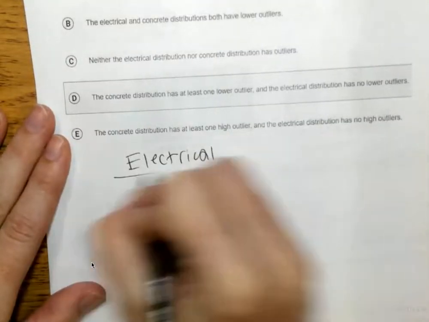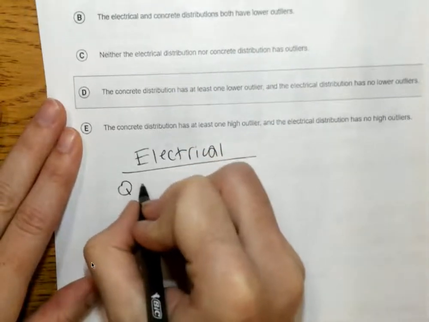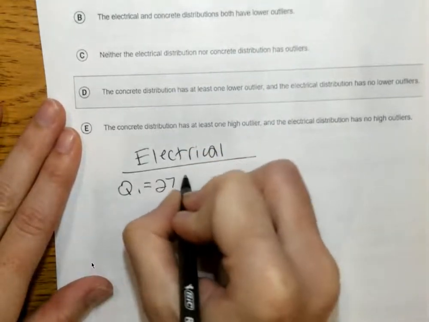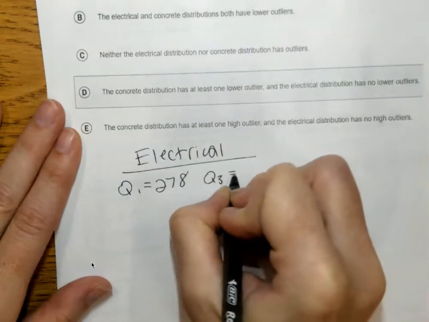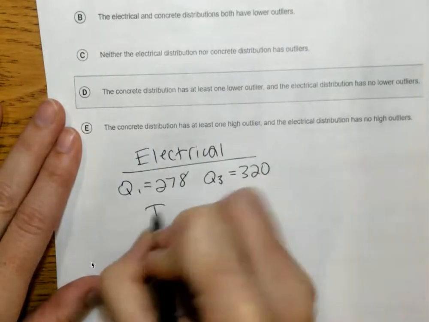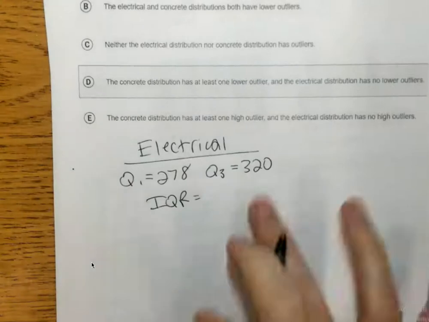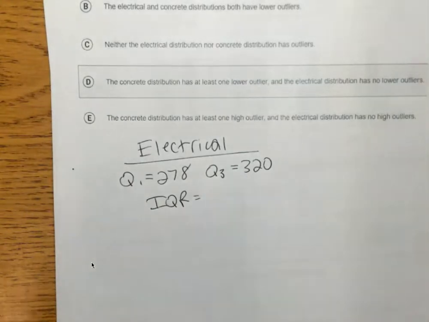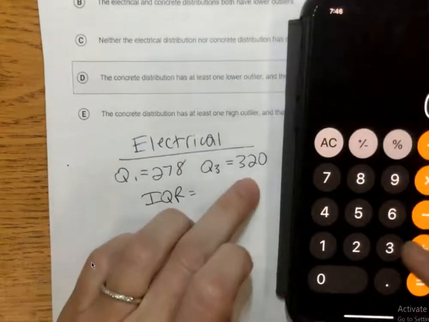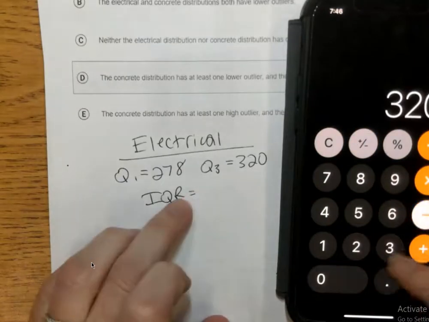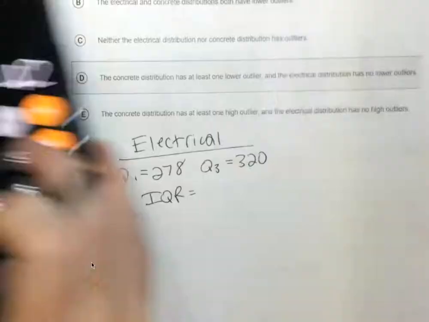All right, so let's go ahead and calculate the electrical hot and lot. Electrical. All right, I have my Q1 is equal to 278. My Q3 is equal to 320. So I can go ahead and calculate the IQR. Remember, that's the Q3 minus the Q1. So 320 minus 278, 42.